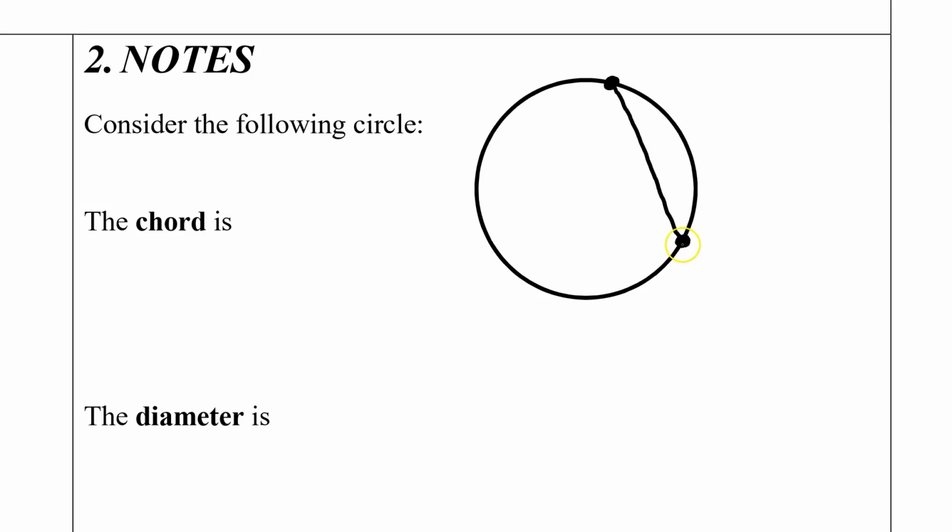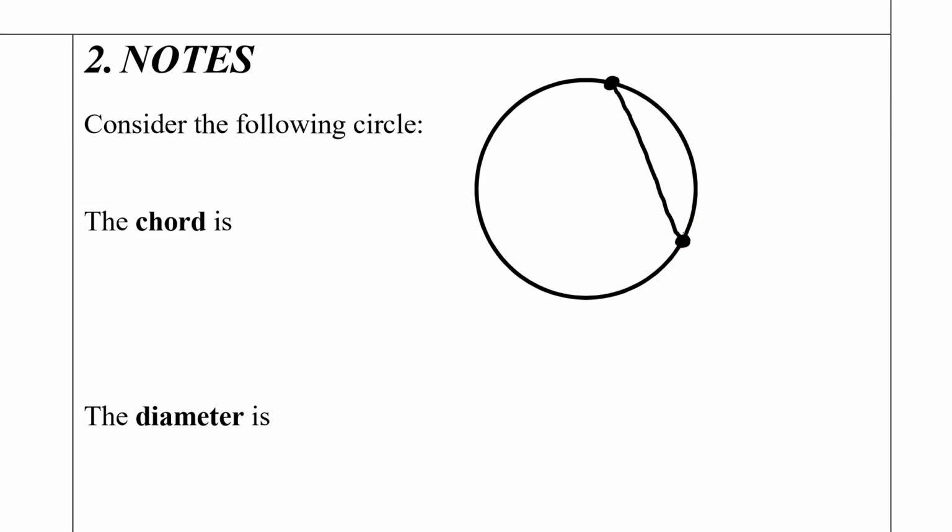Now I say a line segment because truly a line extends in both directions. You'll get to know that a little bit better in later math classes. But we have a line segment with a beginning and an ending, and there's a straight line that goes between them.